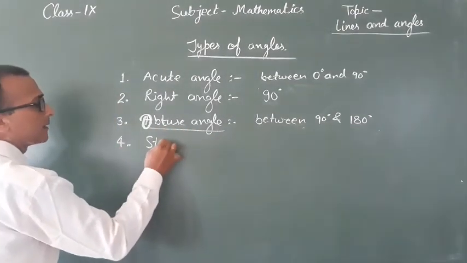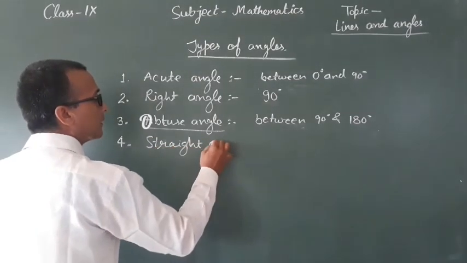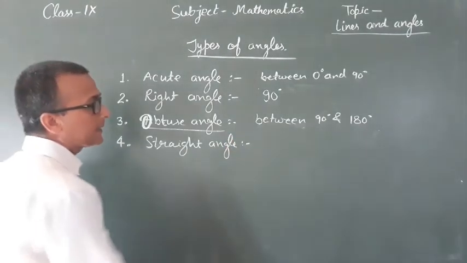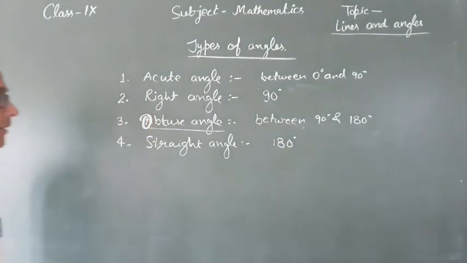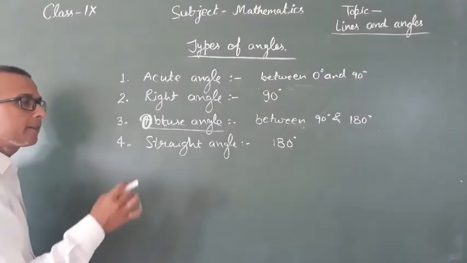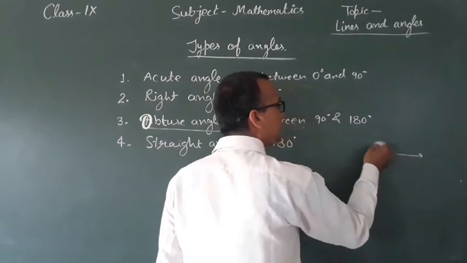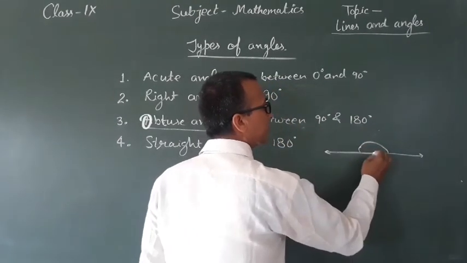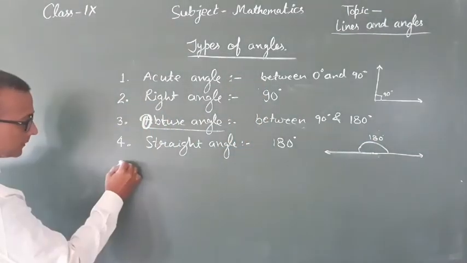Fourth, straight angle. Exactly 180 degrees, a straight line, you have heard about it. Straight angle is that angle where if a ray rotates and makes 180 degrees with the initial ray, then it is called straight angle.